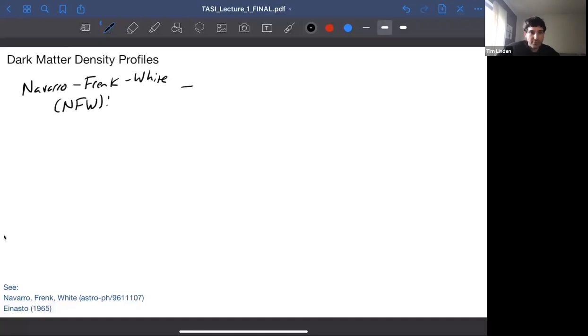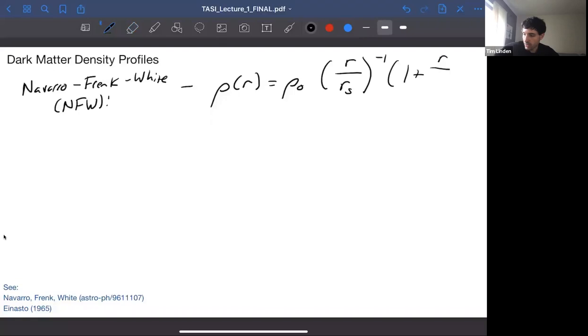So the Navarro-Frenk-White profile tells you that rho of r, the dark matter density, is equal to some normalization factor, times r, the distance from the center of the galaxy to where you are in some spherically symmetric fashion, over some scaling radius to the minus 1 power, and then another term that looks like 1 plus r over the scaling radius to the minus 2 power.